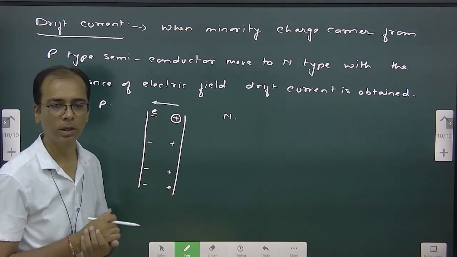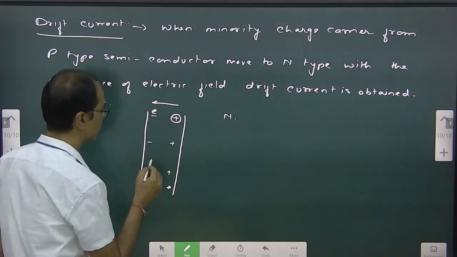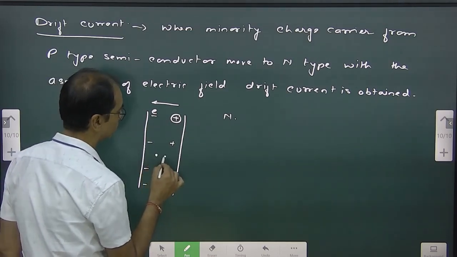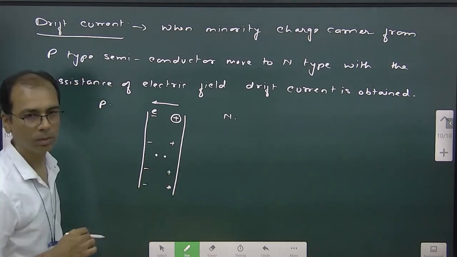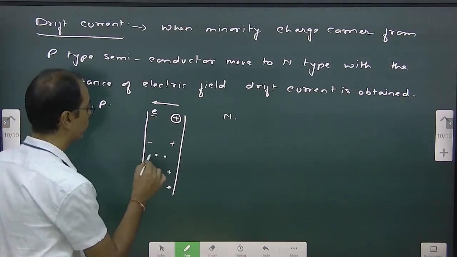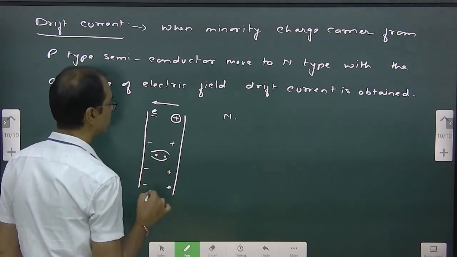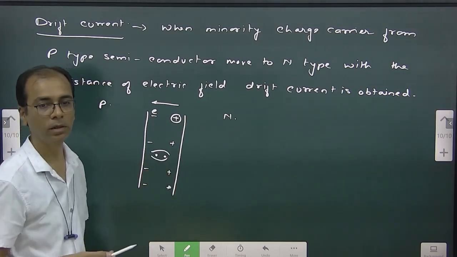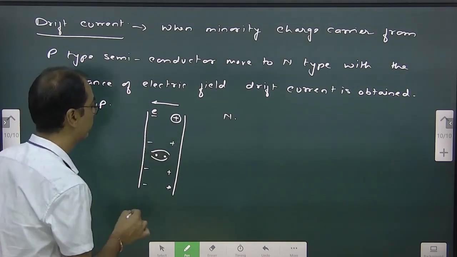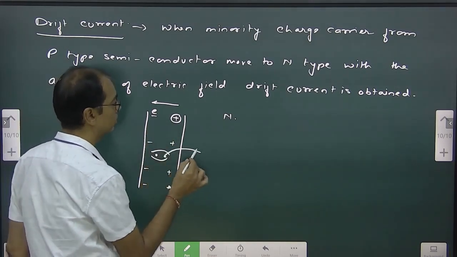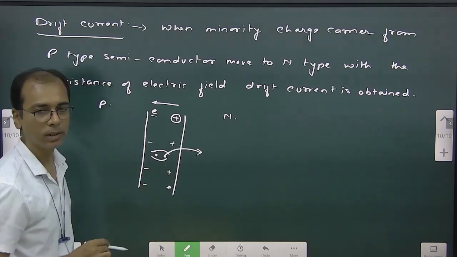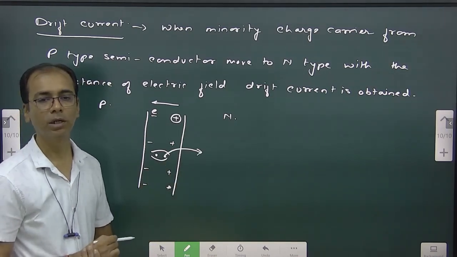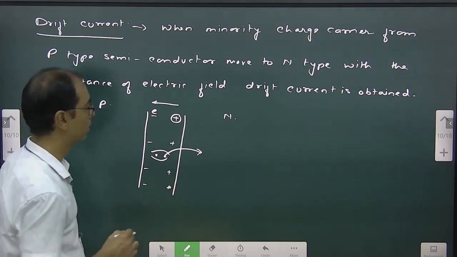If a covalent bond is broken, that electron also has to move. Because of this electric field, electrons will go this side. So this also is contributing drift current.